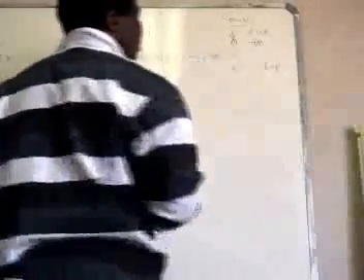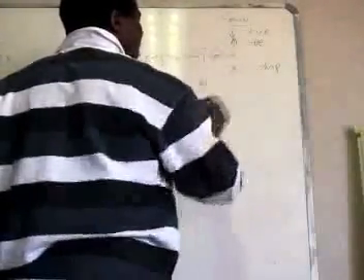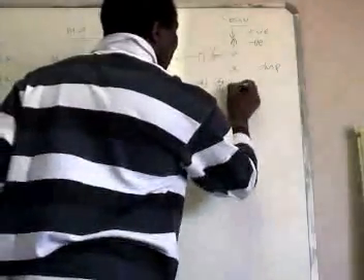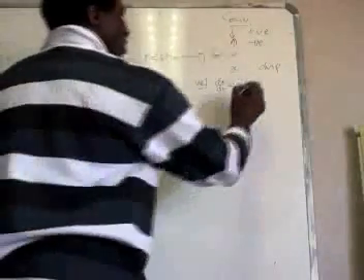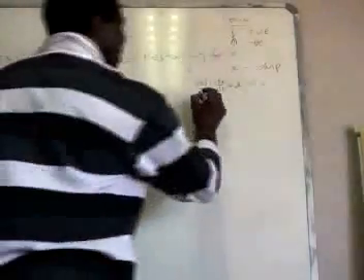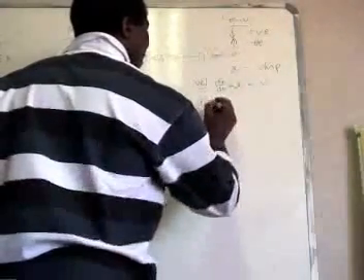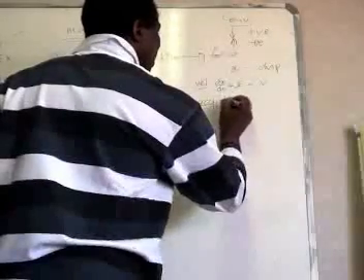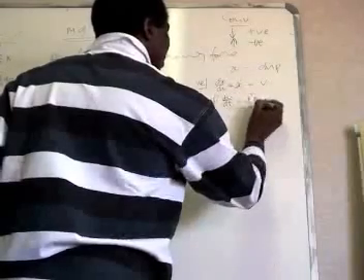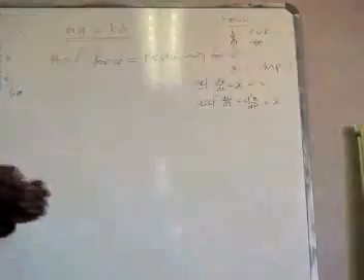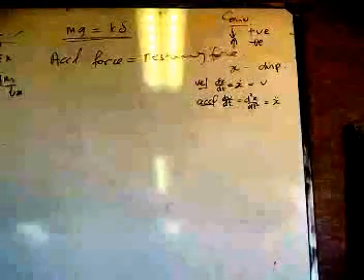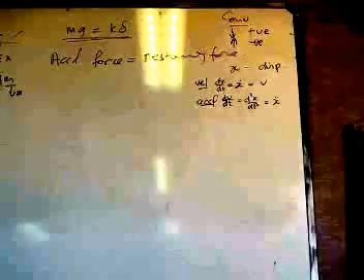Then velocity is the rate of change of x with time, that's the velocity. And finally, acceleration. That's the rate of change of velocity with time. Okay? So if we move it like that, then it has an acceleration in that direction.